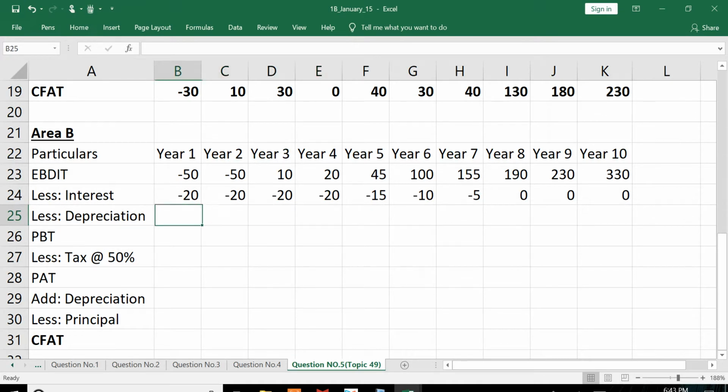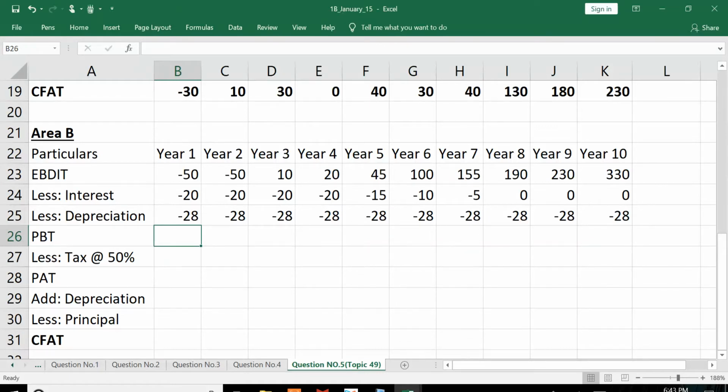Depending on your assumption, this can be 28 or 30. If I say subsidy has to be netted off against the fixed asset, then I can charge depreciation of only 28. If I assume it will not be set off, I can treat it as minus 30. Let us take minus 28 itself. Any assumption is fine.